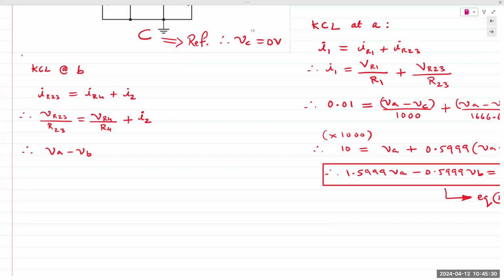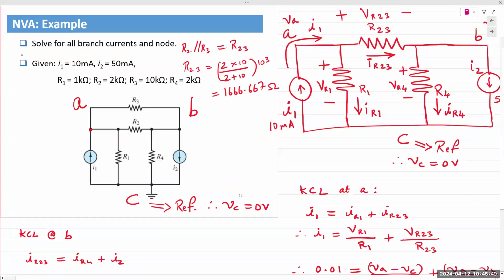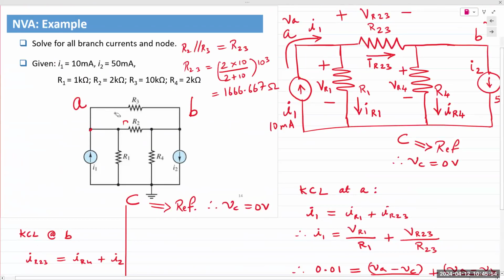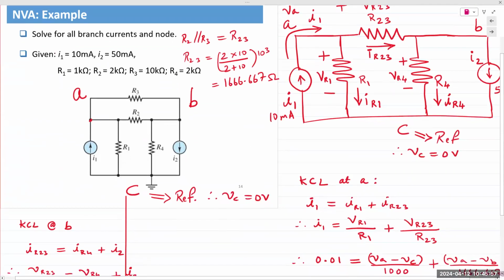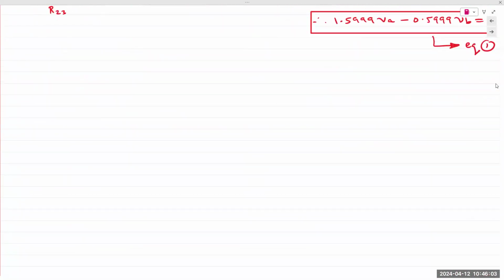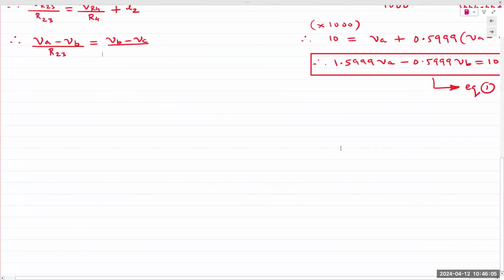I chose IR23 going towards the right. So it enters the left point, so the left point is higher. So VA minus VB divided by R23 equals VR4 is VB minus VC divided by R4.